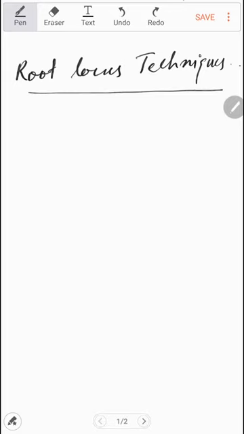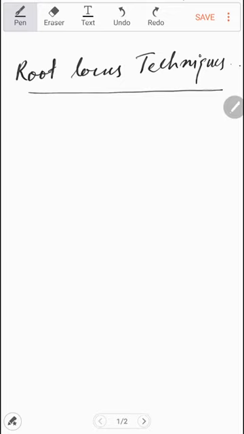In earlier sessions we already described the time response analysis, in which we should know the damping of the system, whether a system is overdamped, critically damped, underdamped, or marginally stable, which is also called the undamped system.